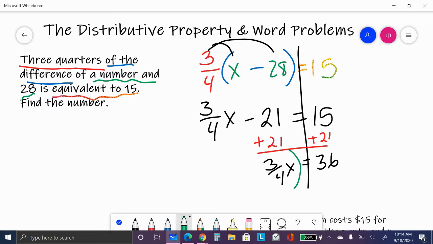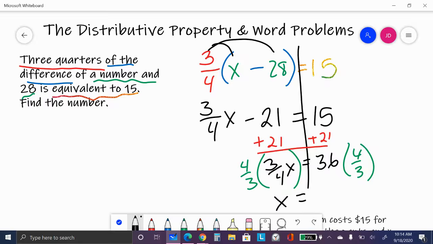Multiply both sides by 4/3. Once I have the fraction, remember you multiply both sides by the reciprocal, because these will cancel and these will cancel, so you're left with just x.